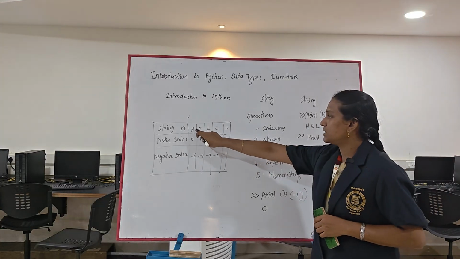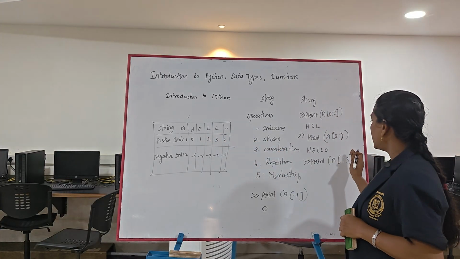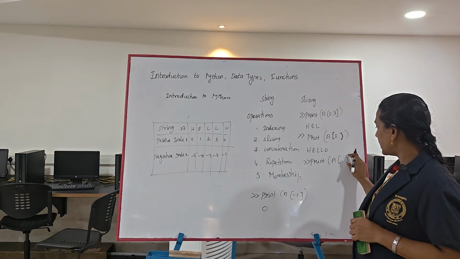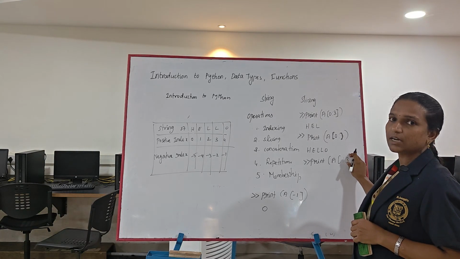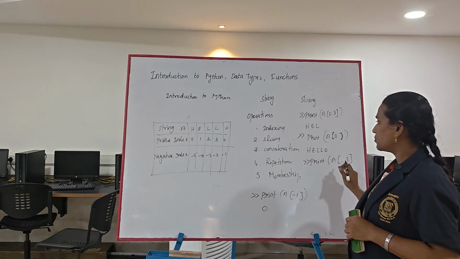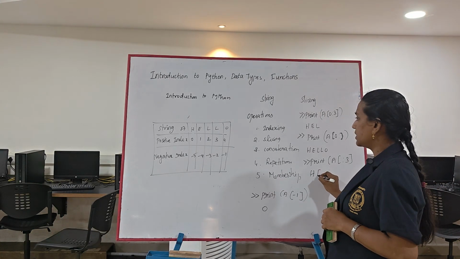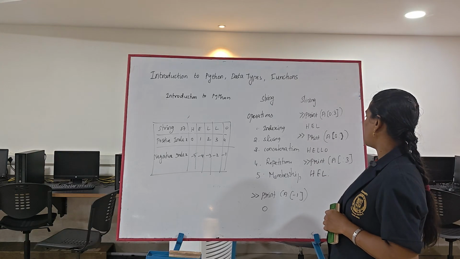That means it gives HEL, stopping at 2. As I already told you, it denotes n minus 1. So our output is HEL.